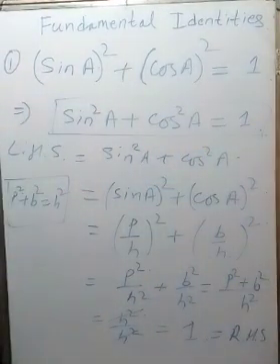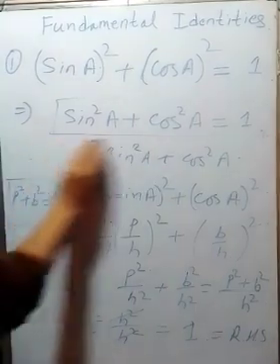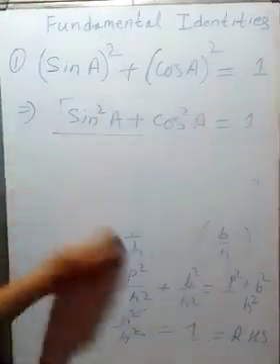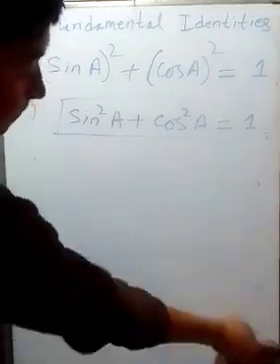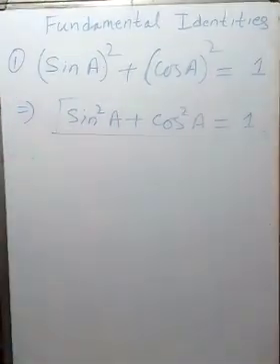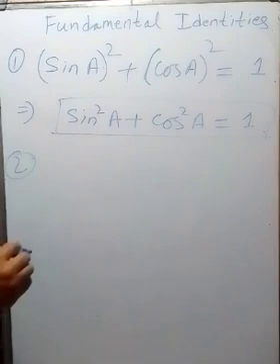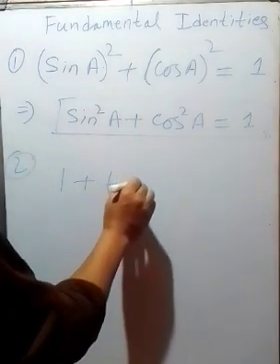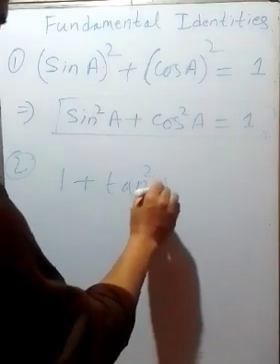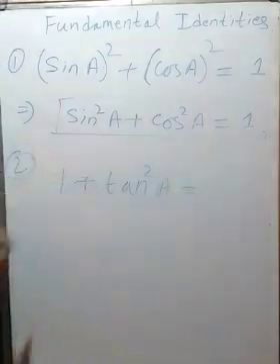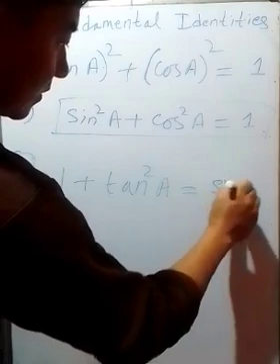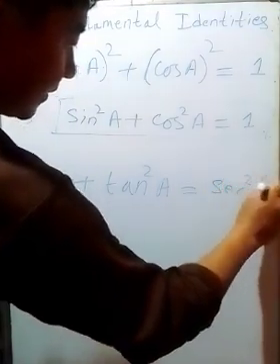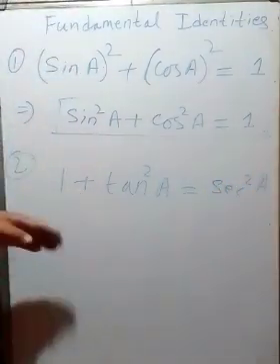Now similarly, other remaining identities you can see here now. Number 2. If you find 1 plus tan square A, then this will be equal to sec square A. Okay, you can prove using a similar process.